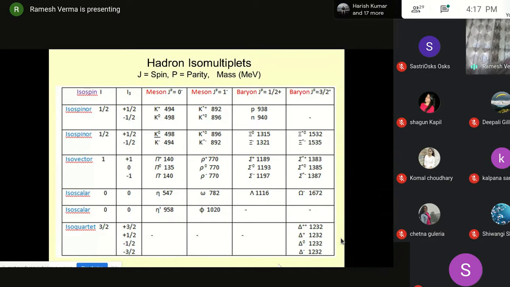But the interesting thing is that first of all, this isomultiplet structure is not finished here. I have given only the low-lying mesons and low-lying baryons, which are also called S-wave hadrons. But there are higher spin states, but incidentally, they also show the same kind of pattern. So the point is that all pseudoscalar mesons of this kind show the structure of 8 or 9 particles.